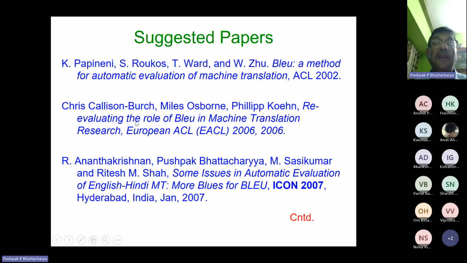Lots of papers came after BLEU was being used extensively, criticizing or examining its nitty-gritties, such as "Re-evaluating the Role of BLEU in Machine Translation." We also wrote a paper in 2007, which is well cited: "Some Issues in Automatic Evaluation of English-Hindi MT: More Blues for BLEU." More blues means more headache for BLEU.